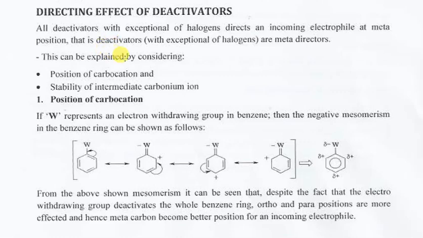So this can be explained considering the position of carbocation and stability of the intermediate carbonium ion. Kwanza, the position of the carbocation. As we know, positive mesomeric effect inaondoa, negative mesomeric effect inaondoa electrons from the benzene ring.